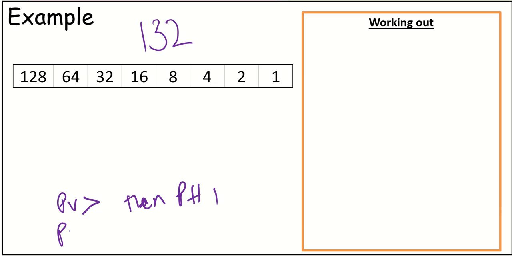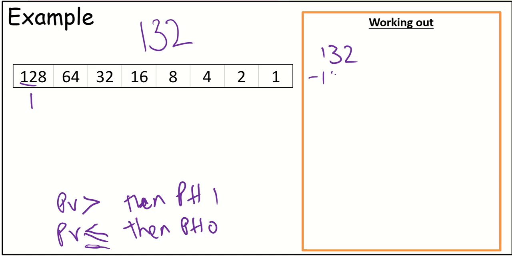If the place value is smaller or the same, that's less than or equal to, then the placeholder is 1. So I'm going to start at 128, and 128 is smaller than 132. I'm going to put a 1 in here, minus 128, and that is going to leave me with an answer of 4.